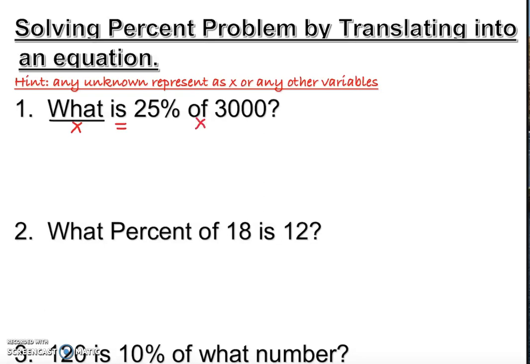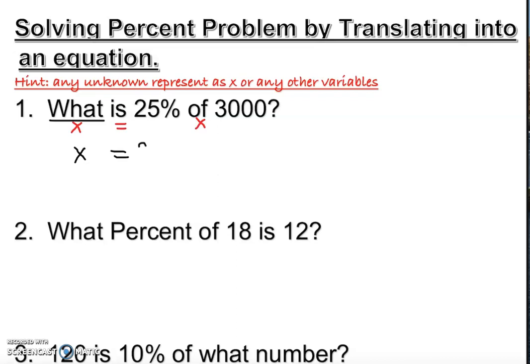These are basically not clear up here in this problem, so we have to be able to find those out. So I'm going to write this down here on the bottom. X is equal to 25%. Well, you can write it many ways. You can say 25 over 100, or if you see the percent symbol, as I showed you in an earlier video, you just move the decimal to the left.